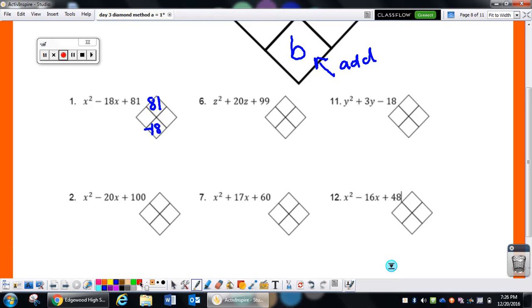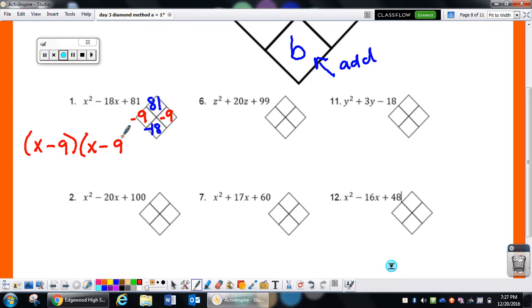So, I know my math facts, so I know that 9 times 9 is 81, and 9 plus 9 is 18, but something's obviously going to be negative. So if I made one of these negative, I would get a negative 81. So you want to make both negative, because a negative times a negative is a positive. And x minus 9 would be a factor, as well as x minus 9.